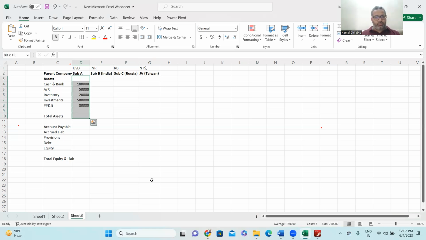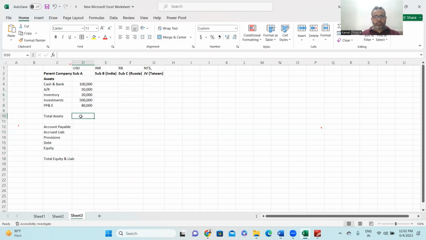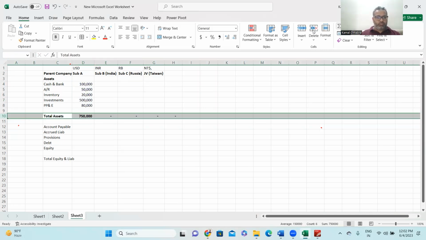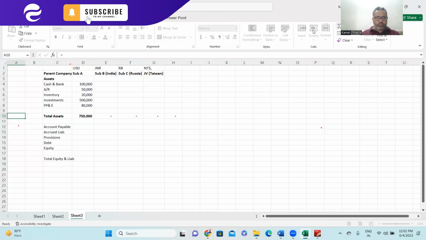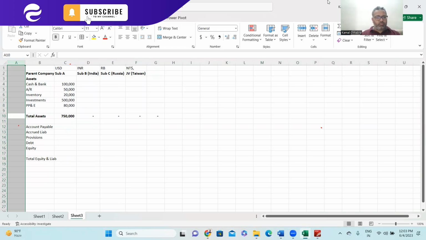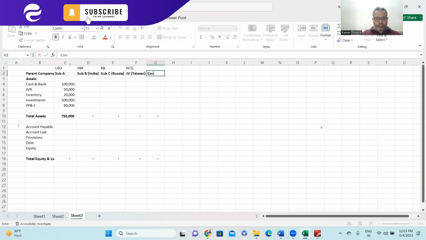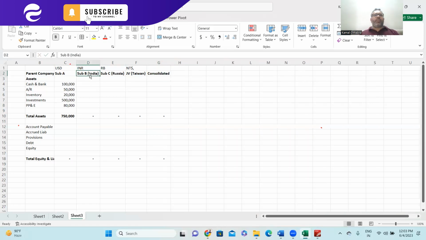Let's assume, so you may have like one financial statement in local currency, and then you'll be converting that into the US dollar.